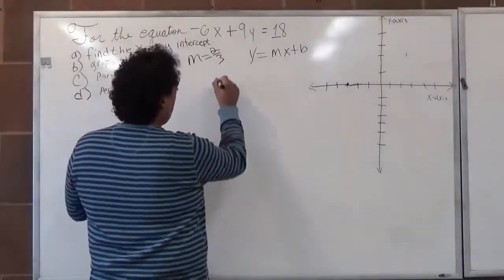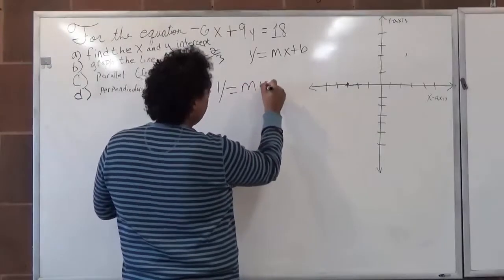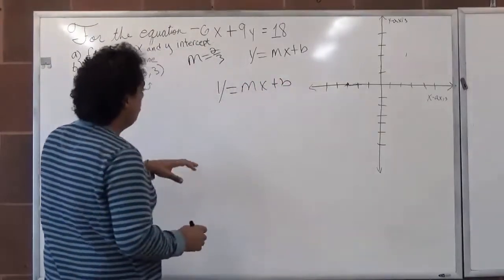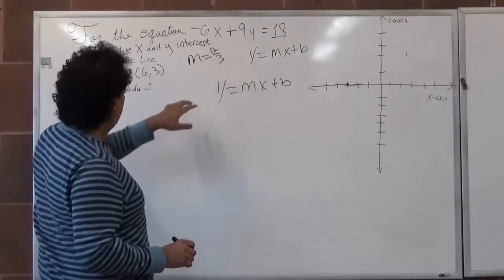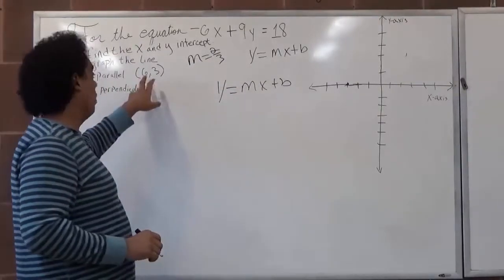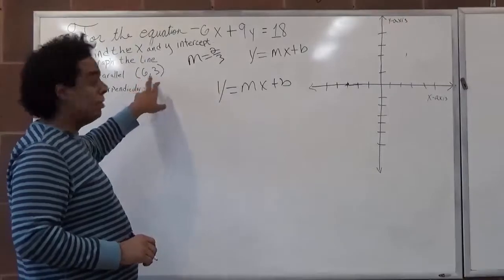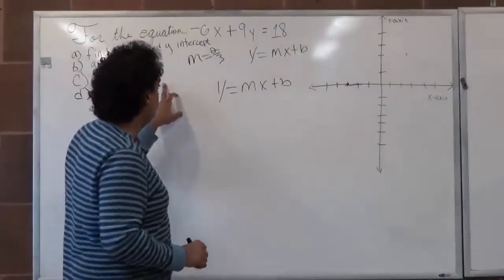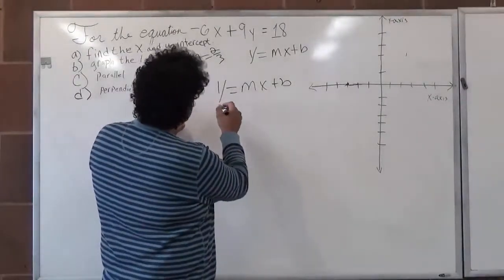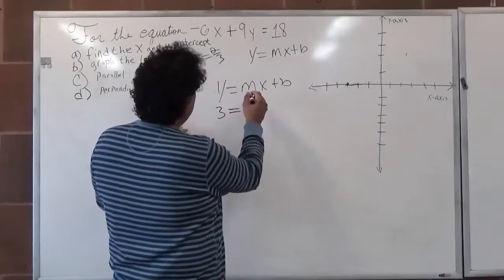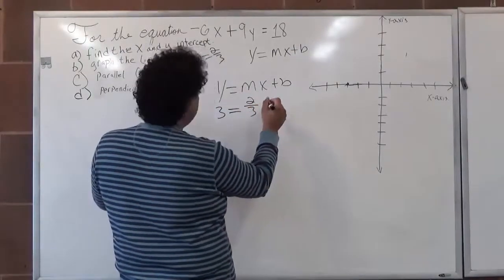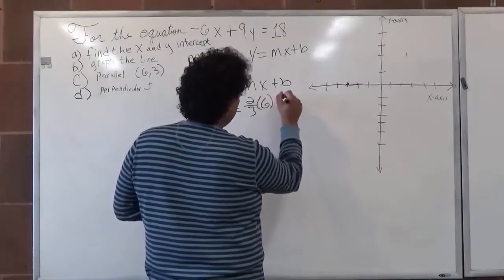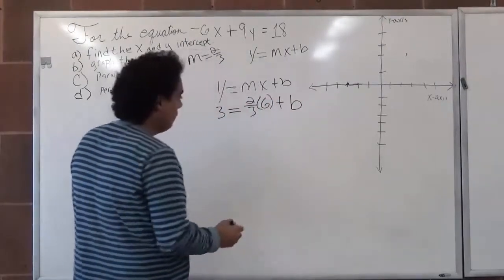So y equals mx plus b is our slope-intercept form, and we have m, which is 2 over 3. We have a point with x and y, so we have our x value and our y value. Let's plug in: for y we have 3, it's equal to m, 2 over 3, times x, which is 6, plus b.